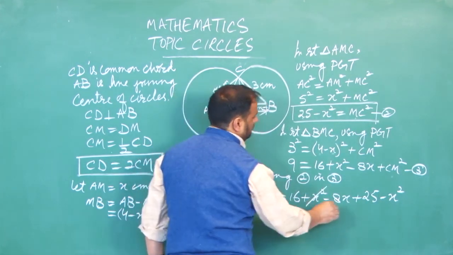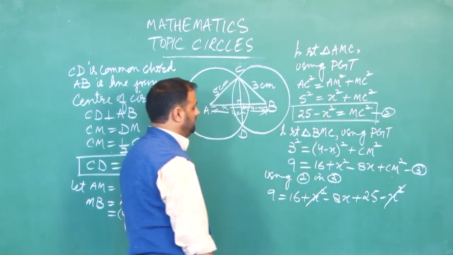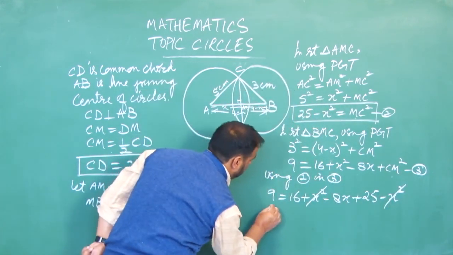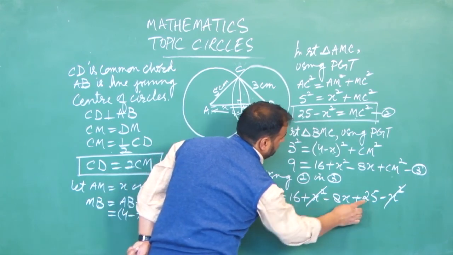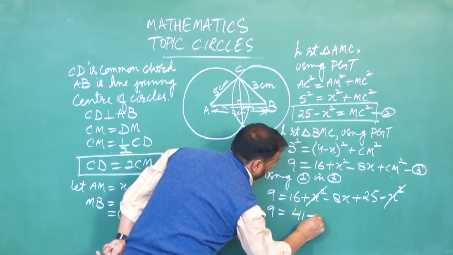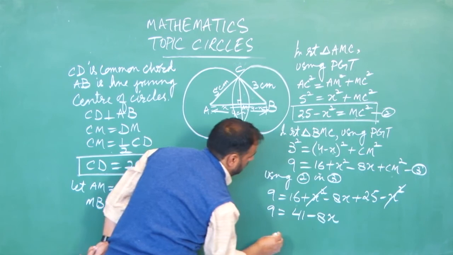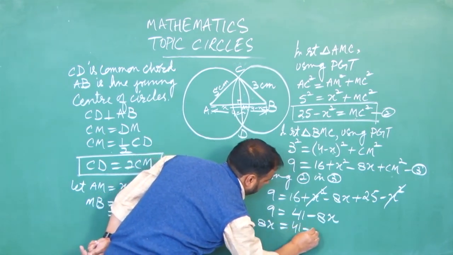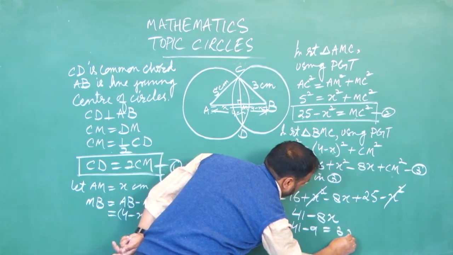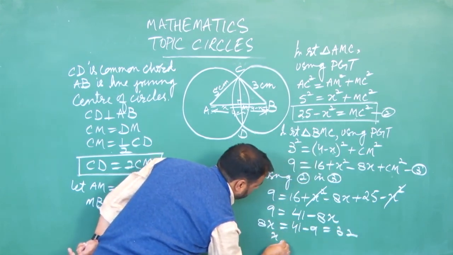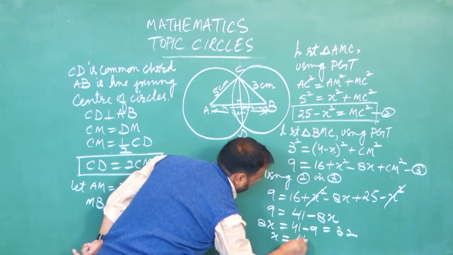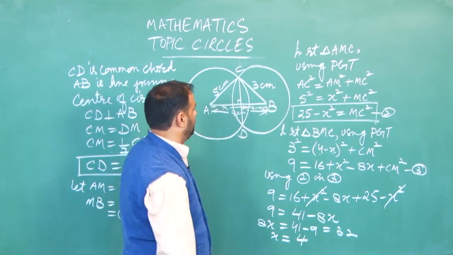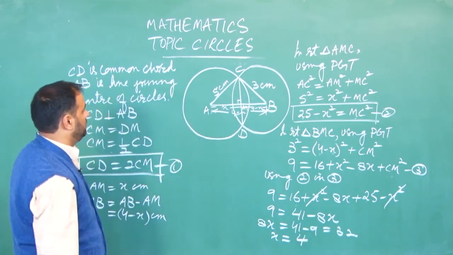Subtracting, x square minus x square cancels, and we are left with 9 equal to 16 plus 25, which is 41, minus 8x. Transposing 8x, we get 8x is 41 minus 9, that is 32. 8x is 32, which brings x equal to 4, because 32 divided by 8 is 4. So, the value of x is 4.